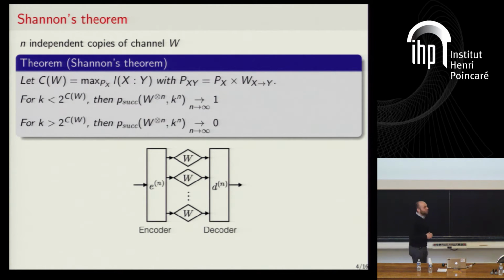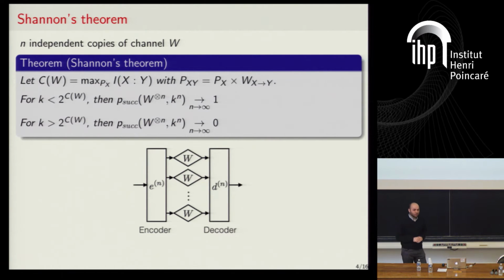Okay, so we already know a lot of things about this problem, and in particular, you all know Shannon's theorem, but let me state it in this language. In this language, we look at a particular case of channels W, which have the structure of being composed of multiple independent channels. So let's call W the small channel, and then I look at n independent copies of it.